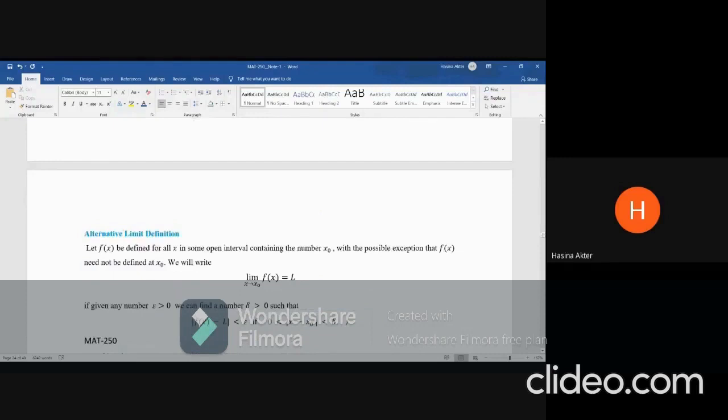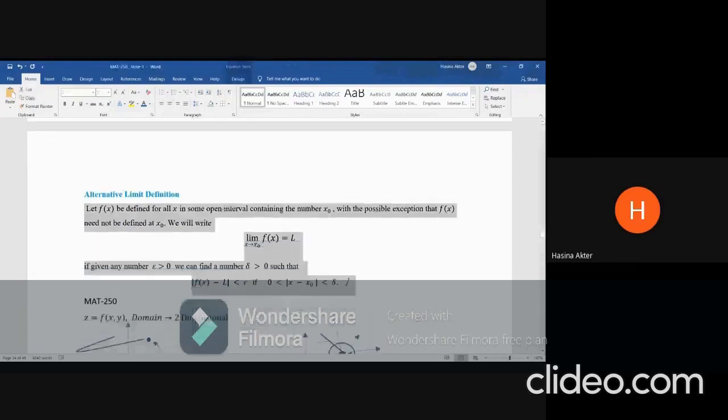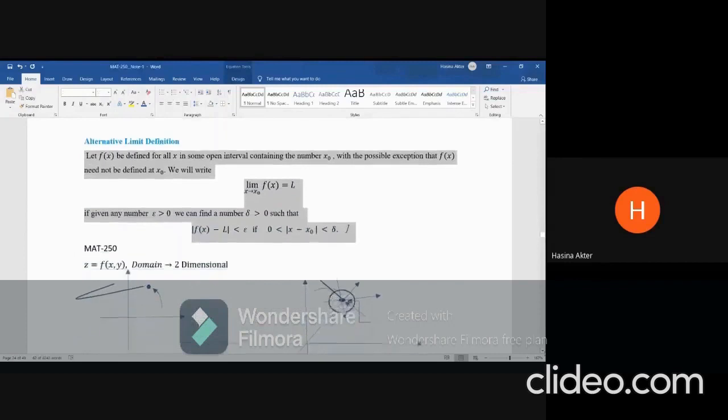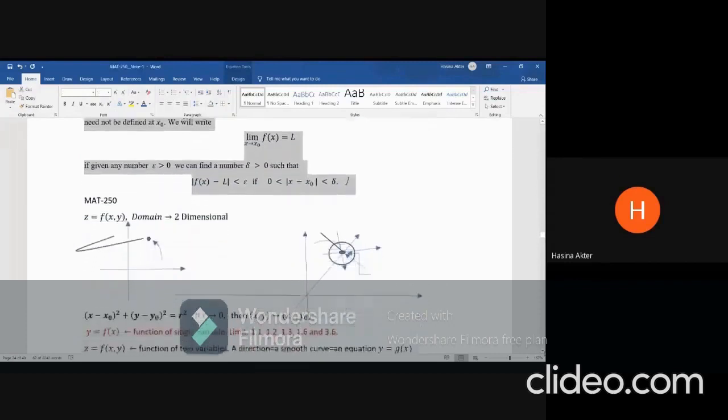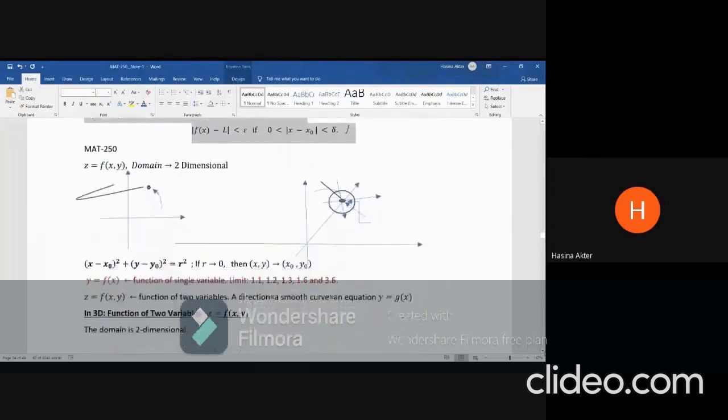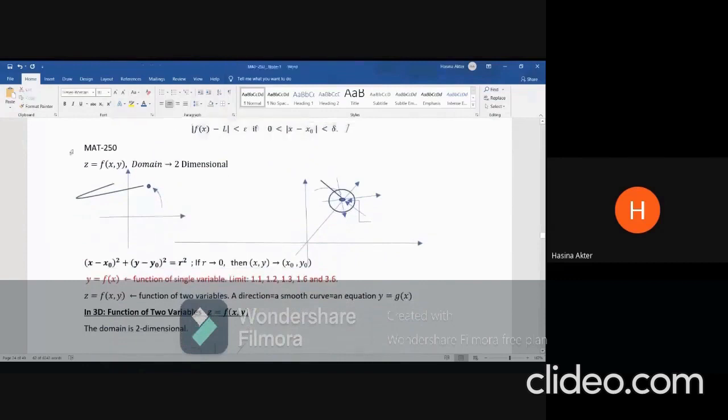Okay, so see, this is a different type of definition. I mean, the same thing, but presented in a different way. This is limit in 2D. Then we will continue from there to 3D. That means from a function of a single variable, we'll continue to a function of two variables from there. So this is going to be lecture 5 for us.